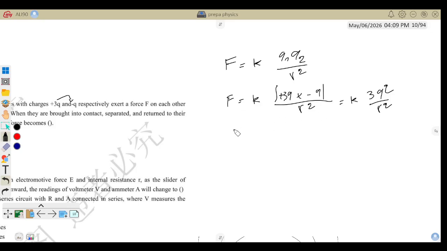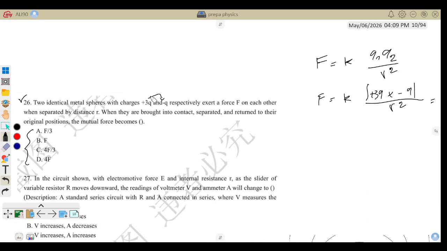For the final state, the two charges are brought into contact and separated again with the same distance. So we need to know what happens once they are touching each other. We know that the spheres are identical.